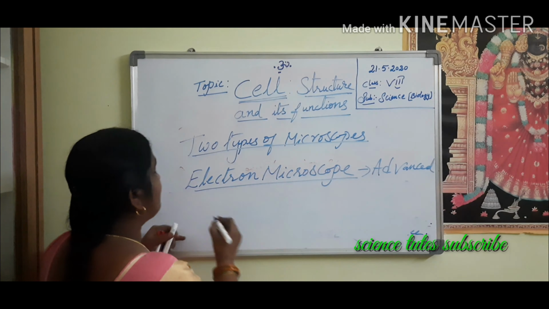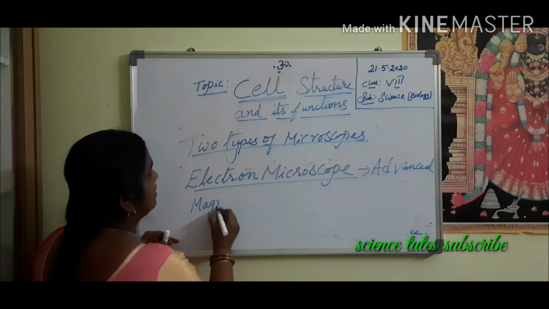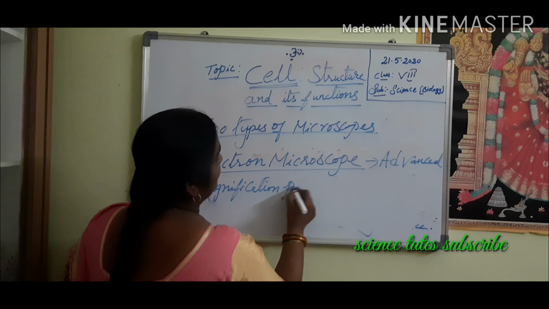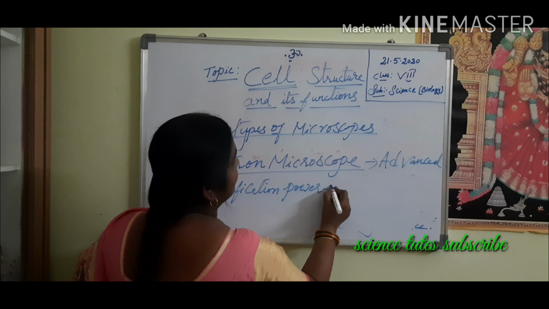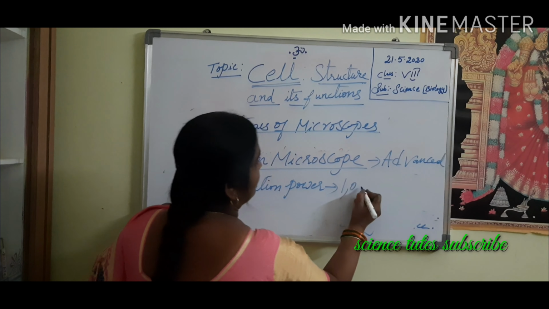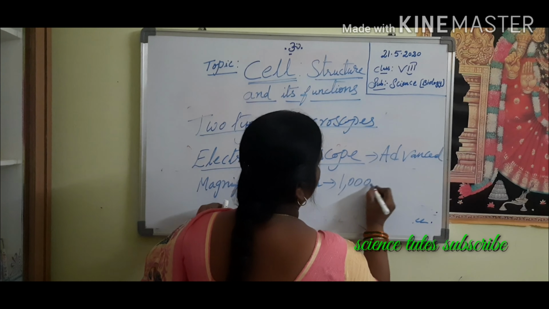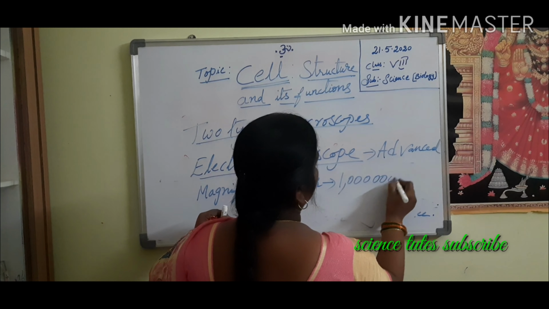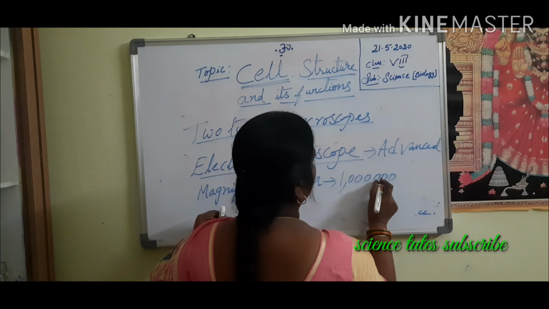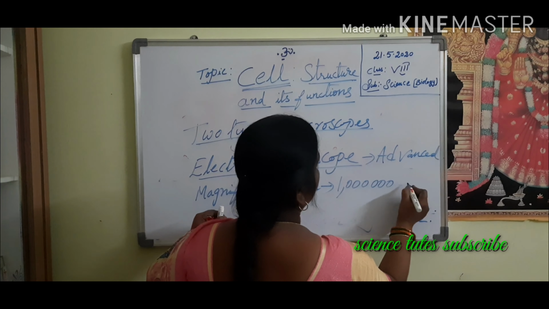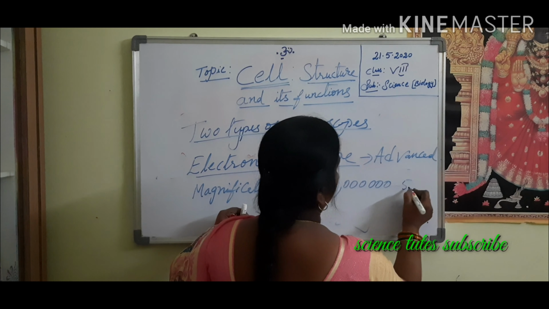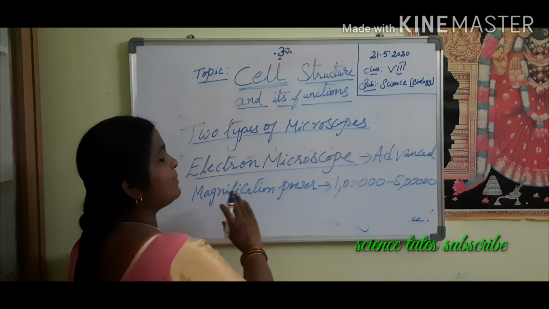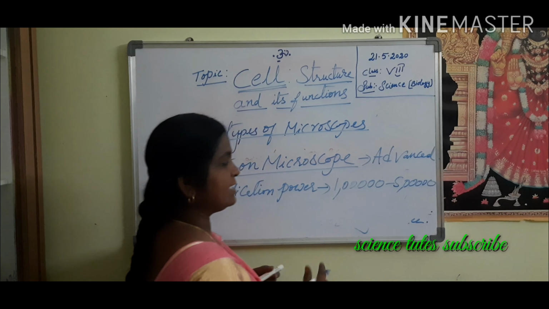Its magnification power is around 1 lakh to 5 lakhs, I think. This electron microscope is the advanced one.